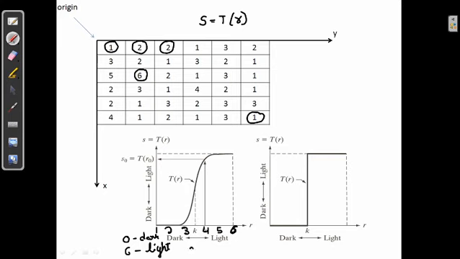Let k be somewhere around 3.5. Whatever value is less than 3.5 should be rounded off to 0, and whatever value is greater than 3.5 should be rounded off to the highest value, which is 6.